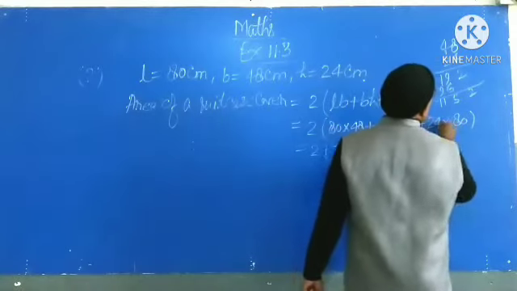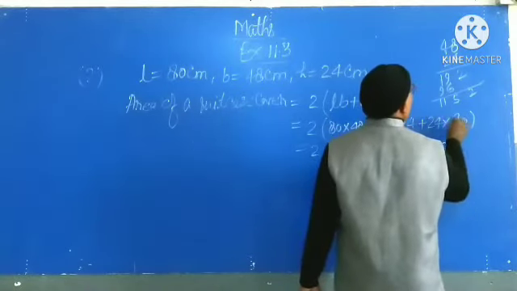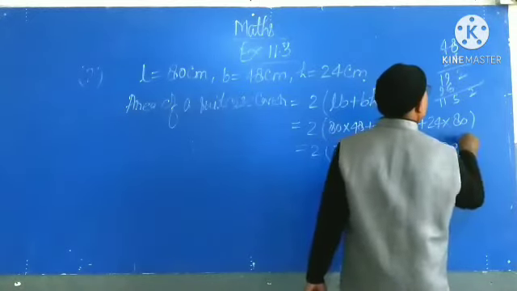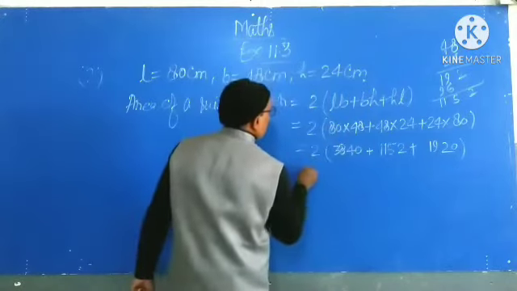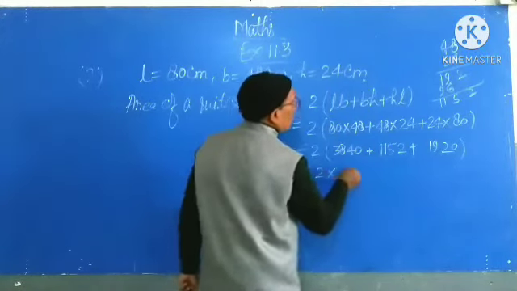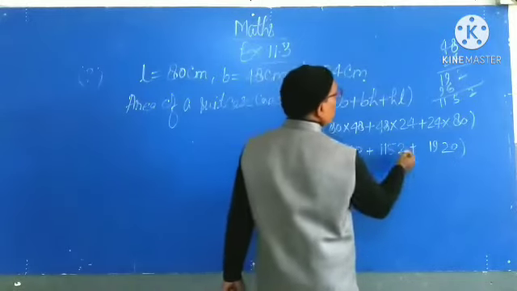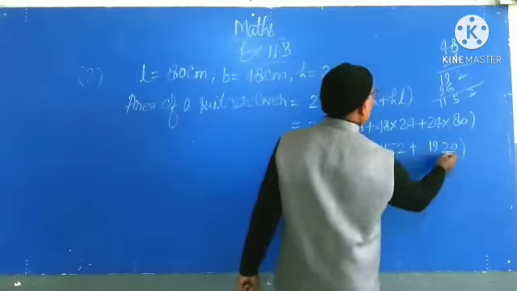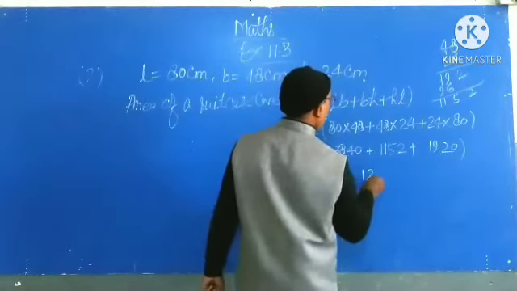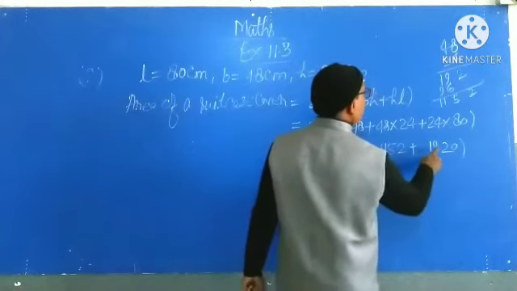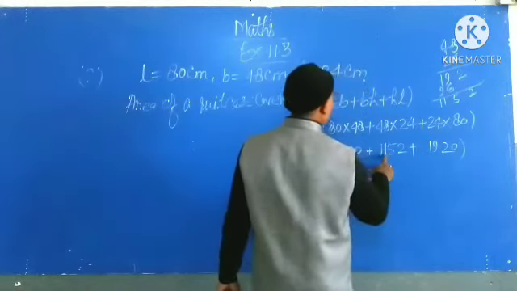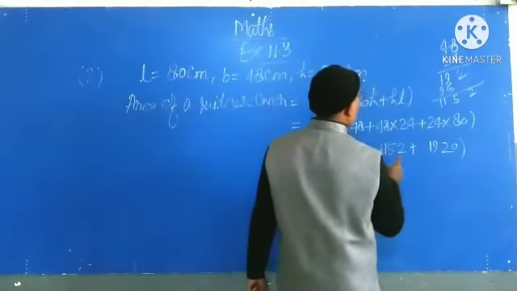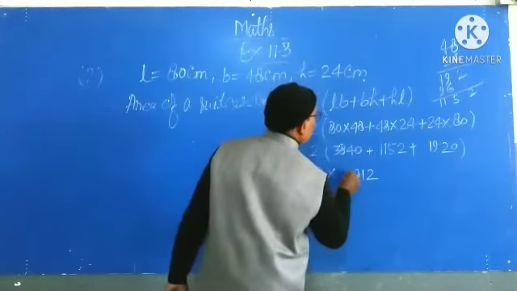Plus 24 into 80 is 1920. You add this, you get 6912.